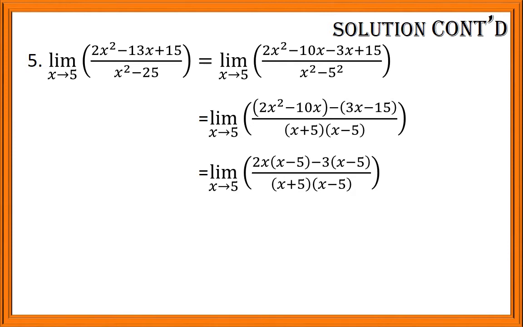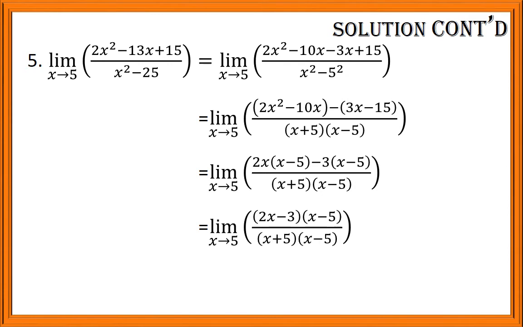So when we do that, we'll now have the limit of, we can see that the brackets here, at the top, are the same. So we are just going to pick one to give us this. Then combine the 2x and negative 3 here to give us another factor.